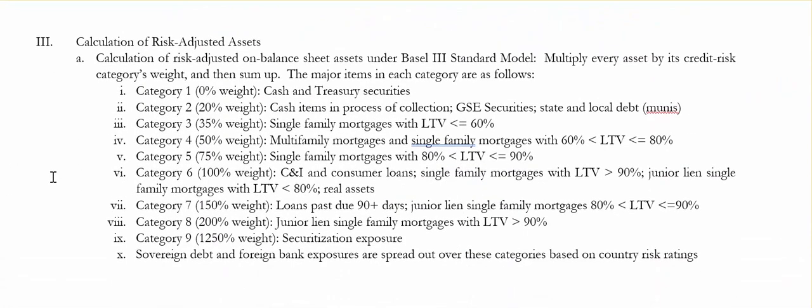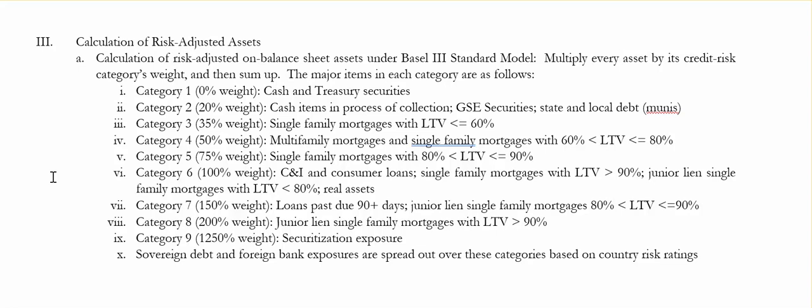So that's the overview, but let's get right into how we calculate risk-adjusted assets. This is the major part of calculation of the capital level. Now, the way that assets are weighted is actually more complicated than what I laid out here.